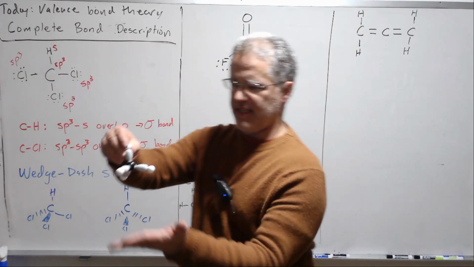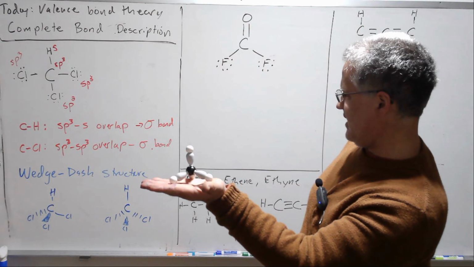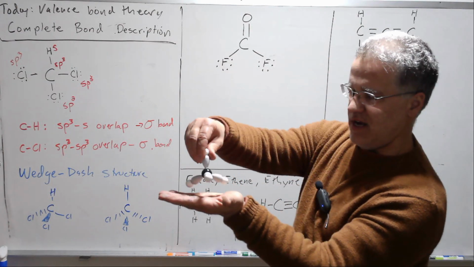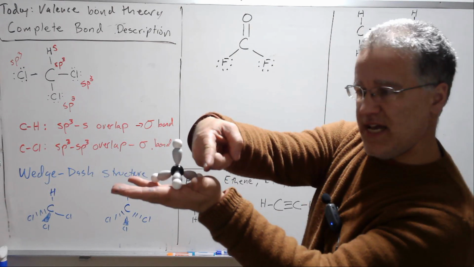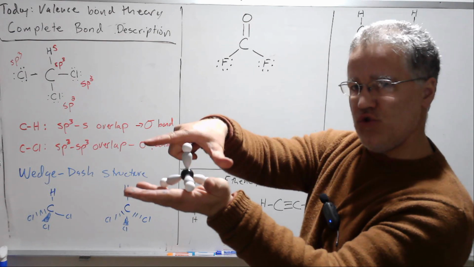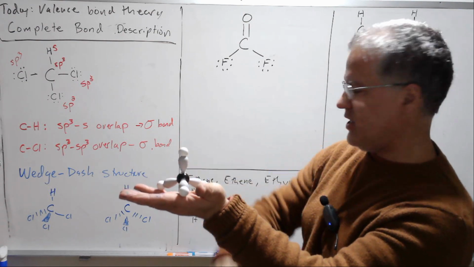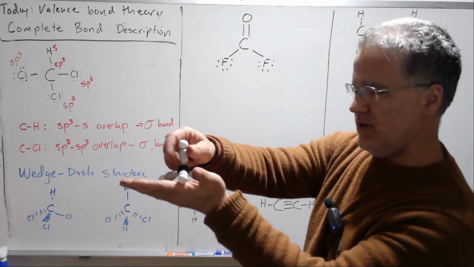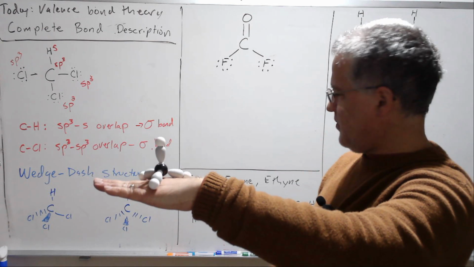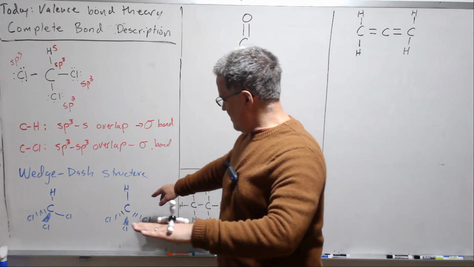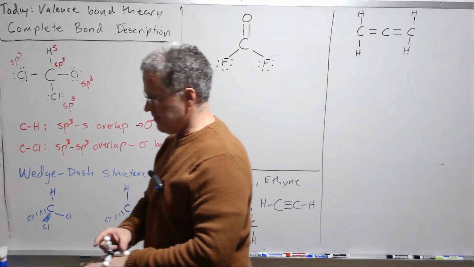And there, it's as if you're setting it on the table like this. And so I would set it on the table, and I would have one coming out at you, and two coming away, and one going straight up. So that is what's being represented here by this picture.